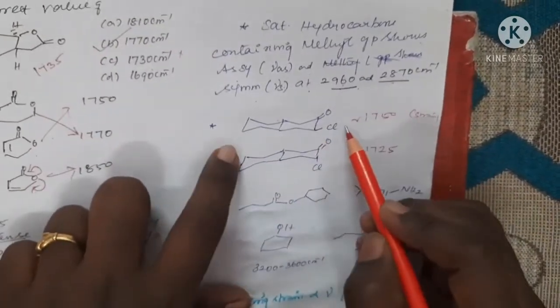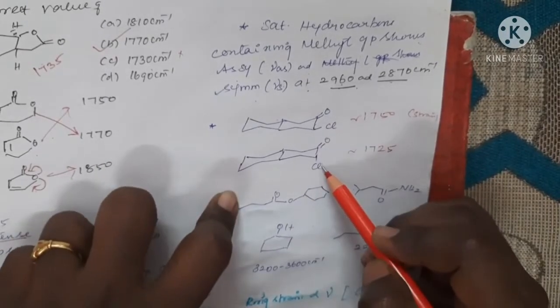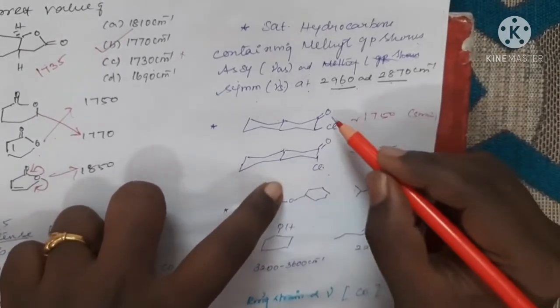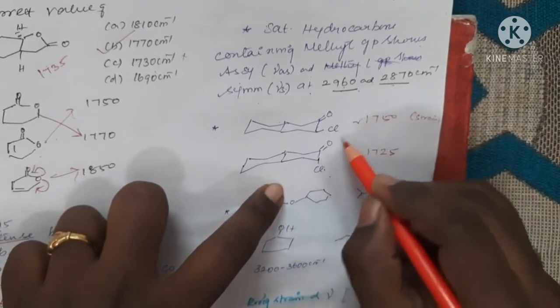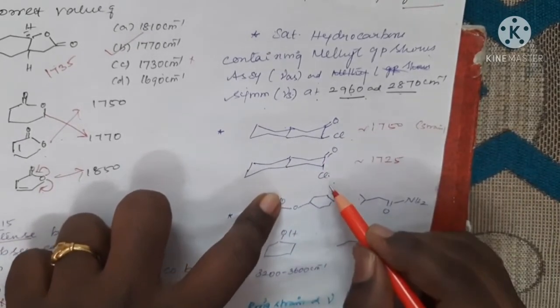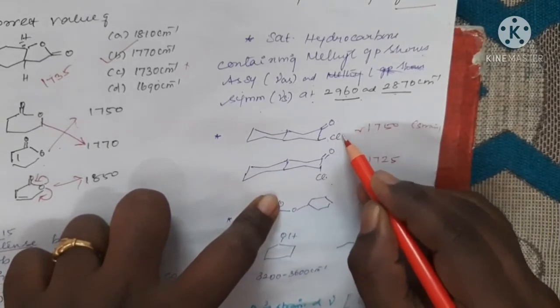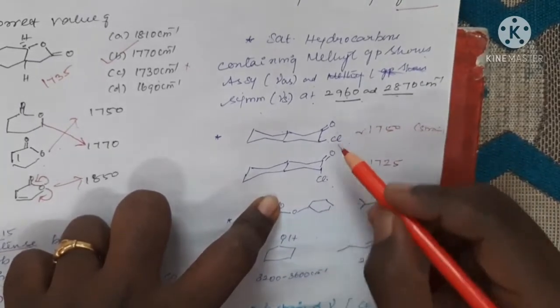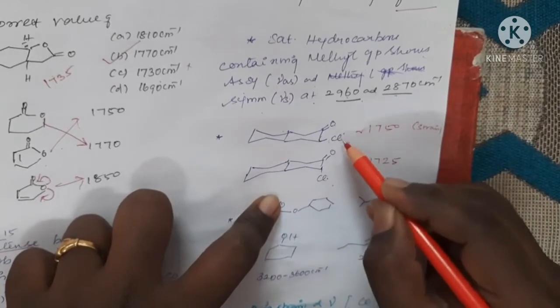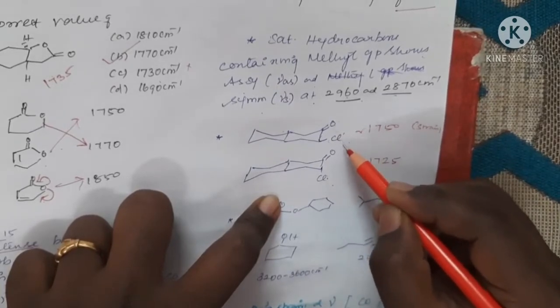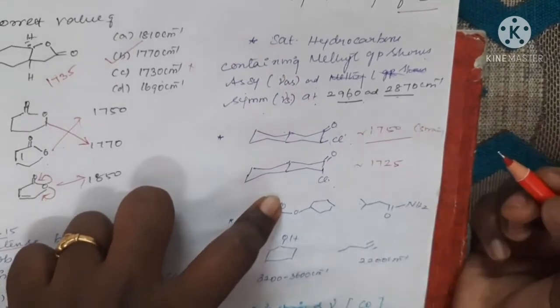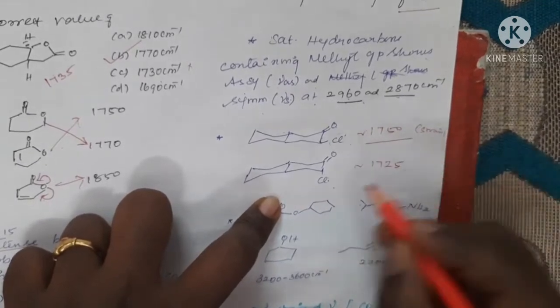In another question, if you see in these A and B rings, the only difference is that one chlorine is in the equatorial position and the other in the axial position. We already know that if it is in the equatorial position, it is stable. Here, ring strain is also there because two are near and strain will be there, and strain causes an increase in the stretching frequency value compared to the axial one.